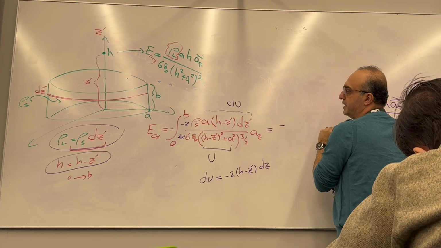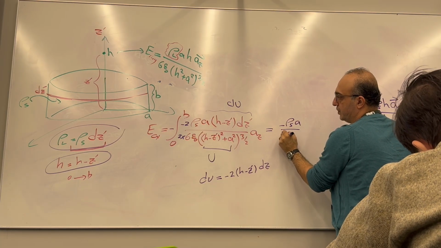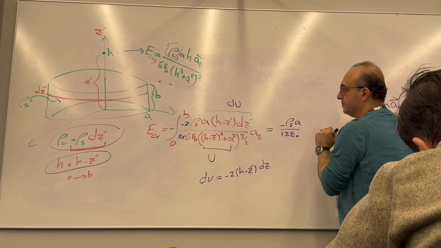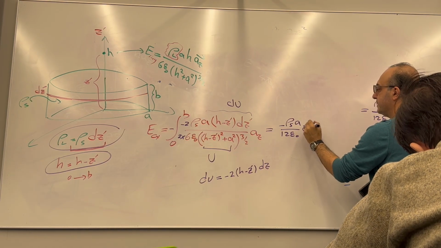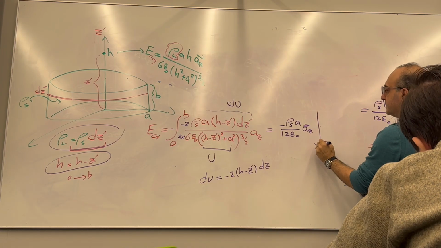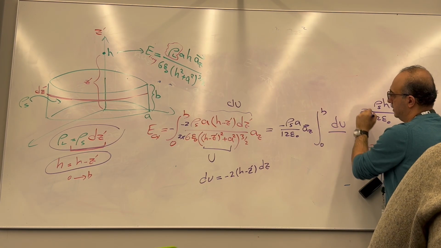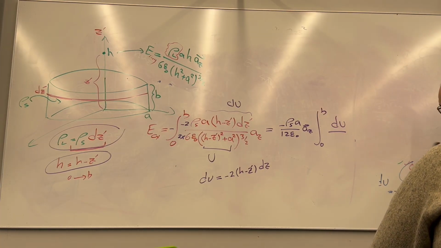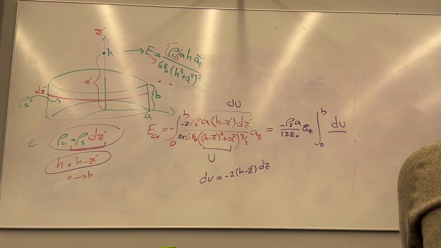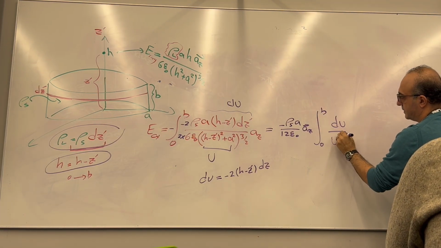So it's going to be minus rho S A over 2 epsilon 0, also AZ, integral 0 to B du over u to the power of 3 over 2.